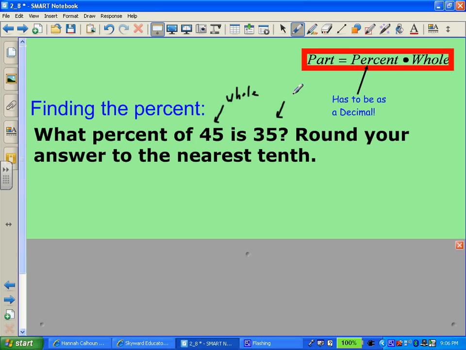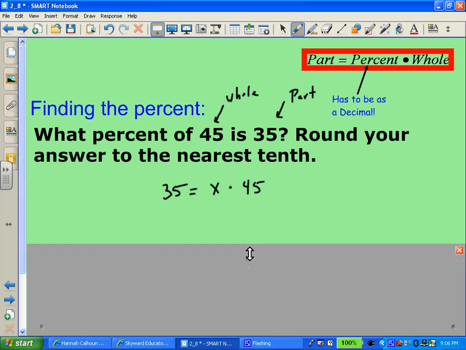I don't know the percent, so this has to be the part. So I'd have 35 equals the percent, which I don't know, times the whole. Now all I have to do is solve for x. Well, x is being multiplied by 45, so I'm going to divide by 45.